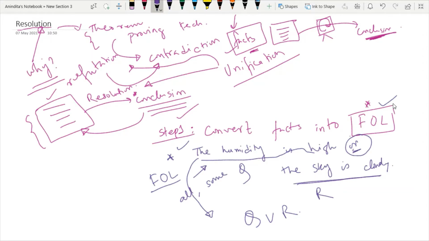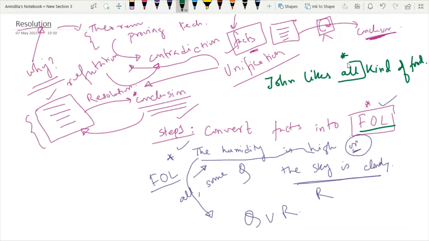However, now consider a fact which is given as, say, John likes all kind of food. So now if we want to convert this statement into first order logic, then what kind of conversion will we use? This English statement includes a word which is known as all.